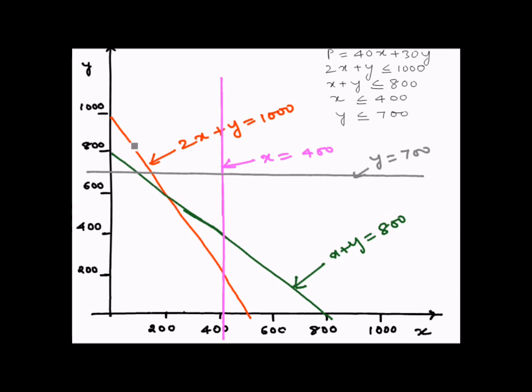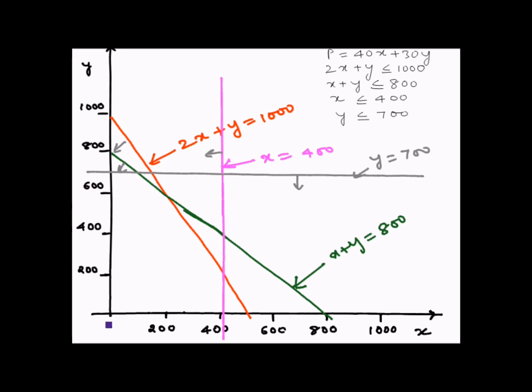So if we note down the direction where each of these lines exhibit the less than inequality, this is on this side, this is again on this side, this is on the left hand side, and this is downwards. Now the area common for all these four constraints is the feasible solution region.